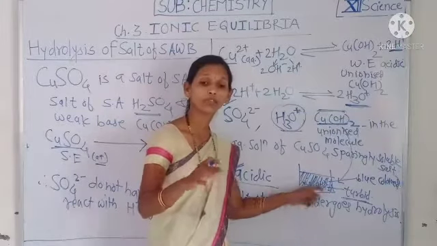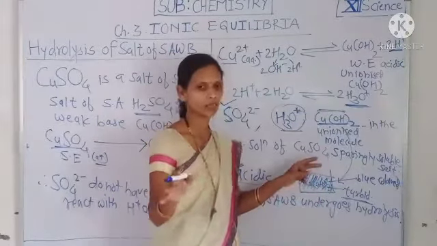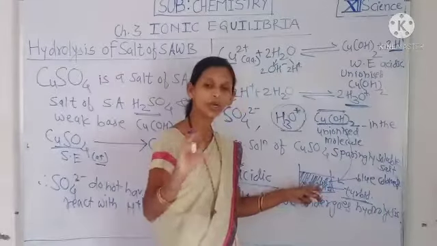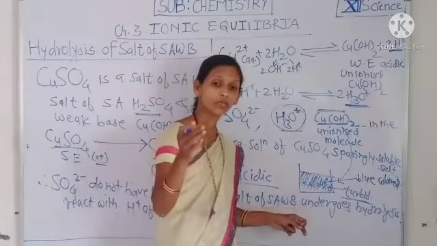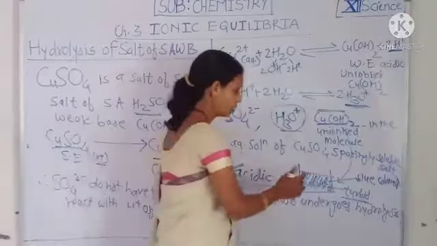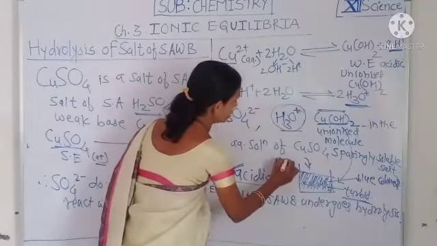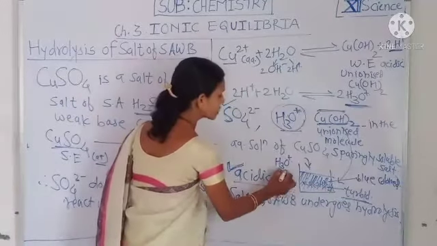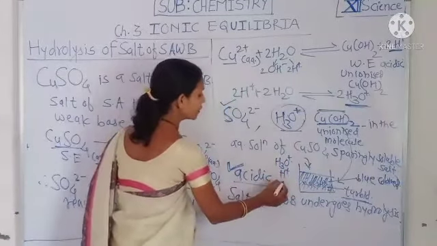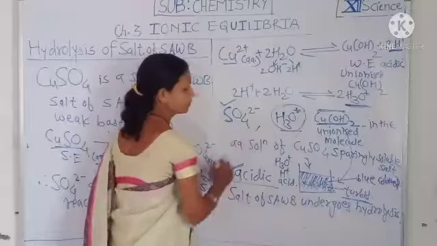To make that blue solution clear or transparent, we have to add H3O+ ions, that means H+ ions, and H+ ions are present in acid.